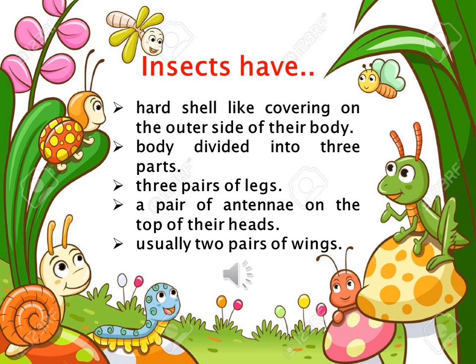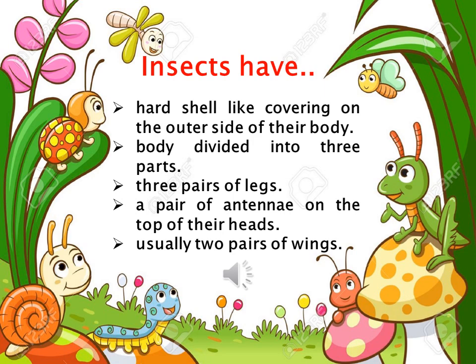Third is, all insects have 3 pairs of legs, means in total they have 6 legs. Fourth is, all insects have a pair of antennae on the top of their head.